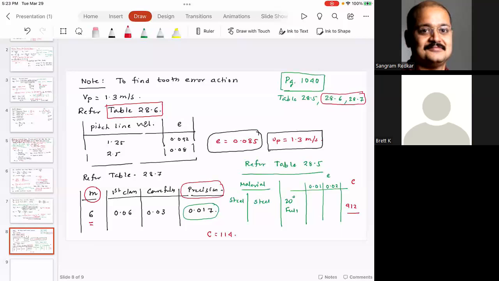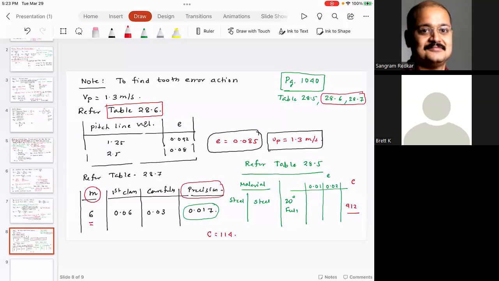Now, as you can see in the problem that we are solving, if I were to refer the module based approach, then my tooth error action is 0.017. If I use the velocity based approach, then my error action is 0.085, which is in between 1.25 and 2.5.